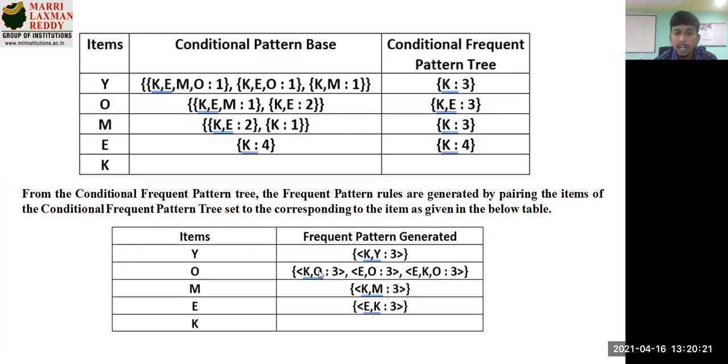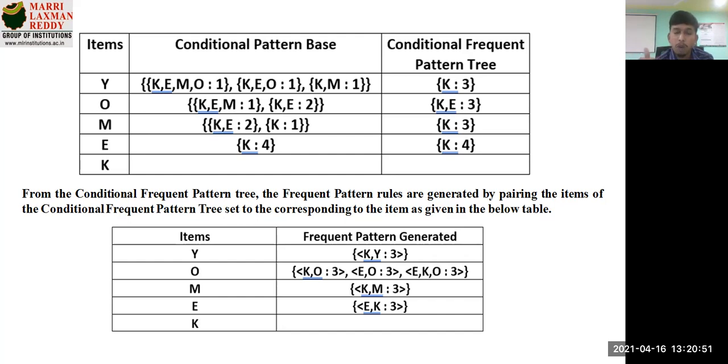For example, if I look into the next row, K comma O is equal to 3. So I can generate 2 association rules. That is K implies O, O implies K. Next, E implies O, O implies E. Next, for example, here you can see the 3 combinations, that is E, K, O. I can generate 6 association rules. That is E implies KO, E comma K implies O, again K implies EO.